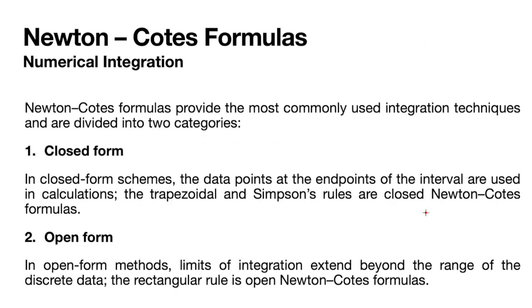The general technique is the Newton-Cotes formulas. These are of two types, the closed form and the open form. In the closed form, the data points at the endpoints of the interval are used in the calculations, and the trapezoidal and Simpson rules are the closed form.